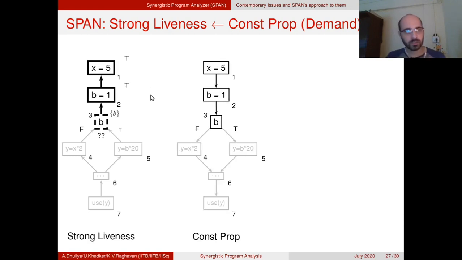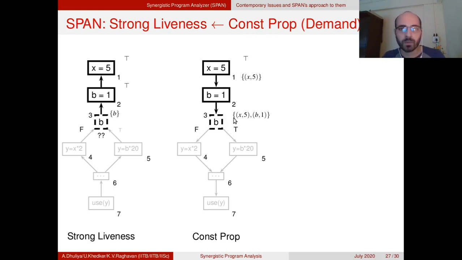Now as soon as liveness information reaches a fixed point in the small 1, 2, 3 nodes, constant propagation starts from 1 and reaches 3 with the value of B as 1. Note that X is also coming, although it is not live yet, and this arrow indicates that liveness is using constant propagation, but constant propagation is not using liveness as of now. These things are very configurable in the system, and to make this example simple, I made these assumptions.